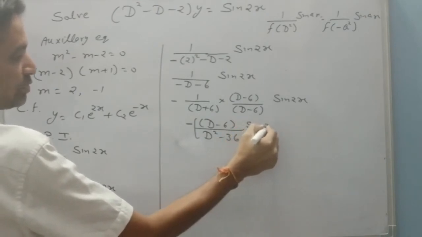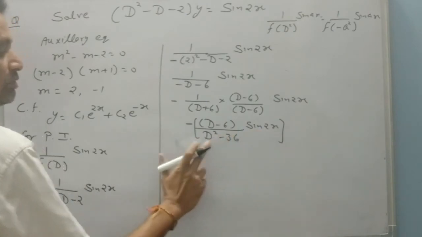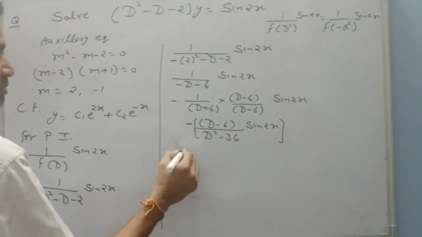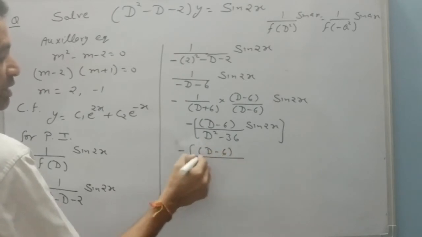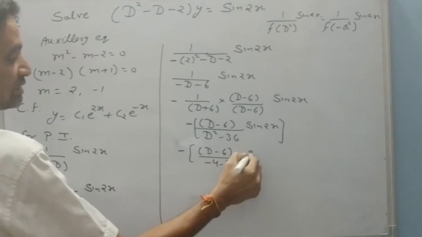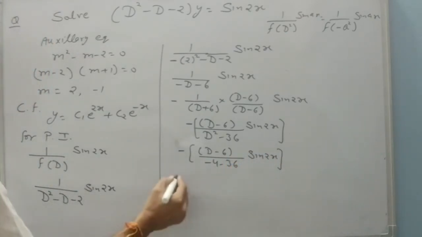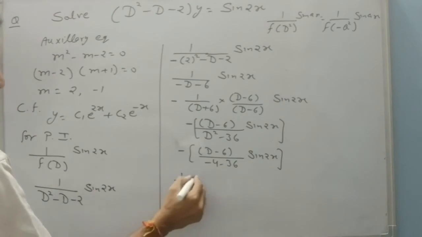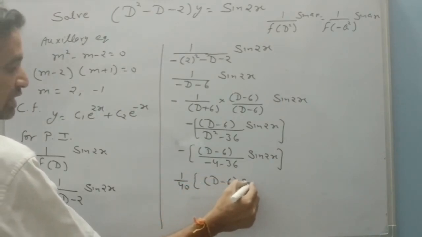It is sine 2x. Apply again for D square minus 2, I will get minus D minus 6 upon minus 4 minus 36, sine of 2x. It will become 1 upon 40 D minus 6, sine 2x.